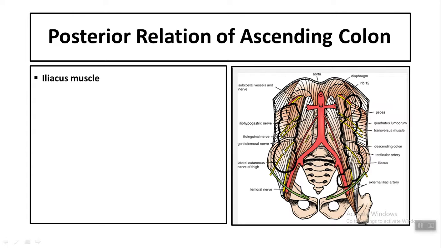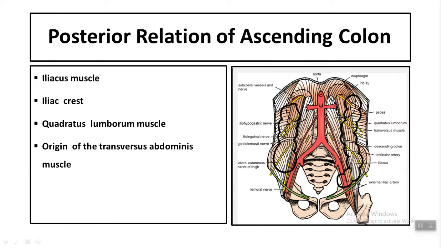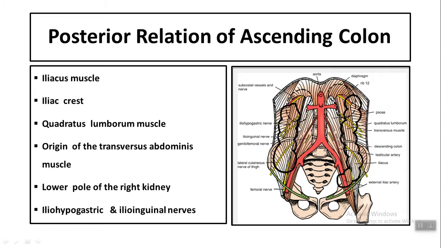These are the iliacus muscle, the iliac crest, the quadratus lumborum muscle, the origin of the transversus abdominis muscle, and the nerves. In addition, there is the lower pole of the right kidney, with the iliohypogastric and the ilioinguinal nerves. All these structures are the posterior relations of the ascending colon.